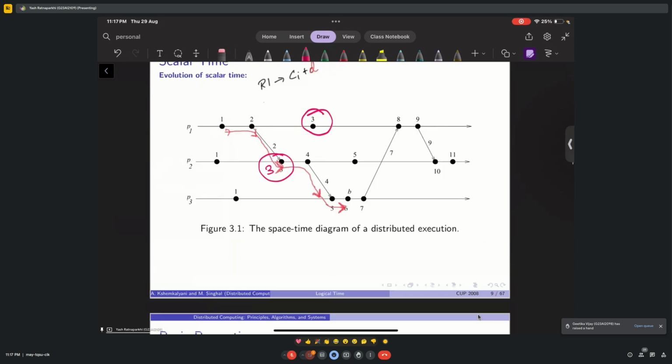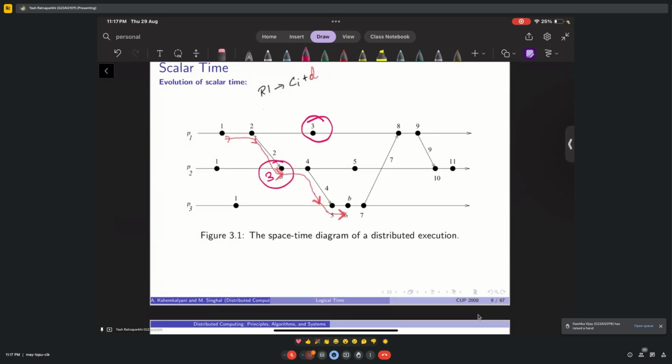And I guess Neha, you were asking, d can be any value. Here d was 2, here d was 1. So the third event in P1 and second event in P2 both have the same timestamp. To whom should I give the priority?